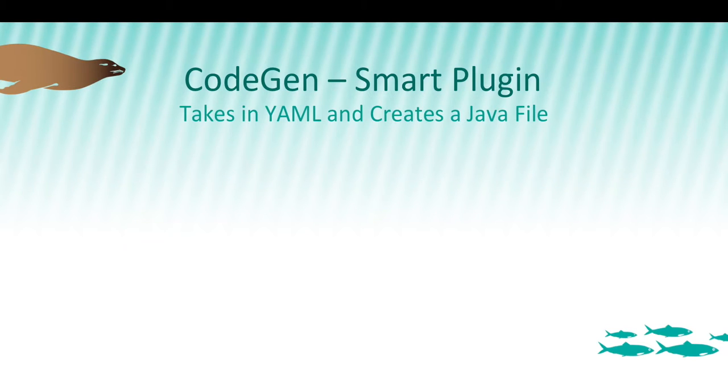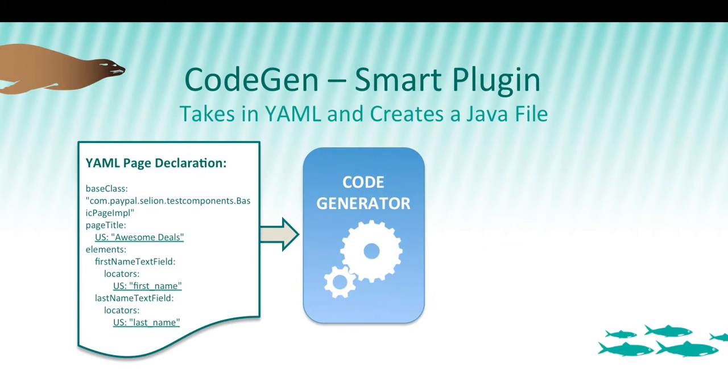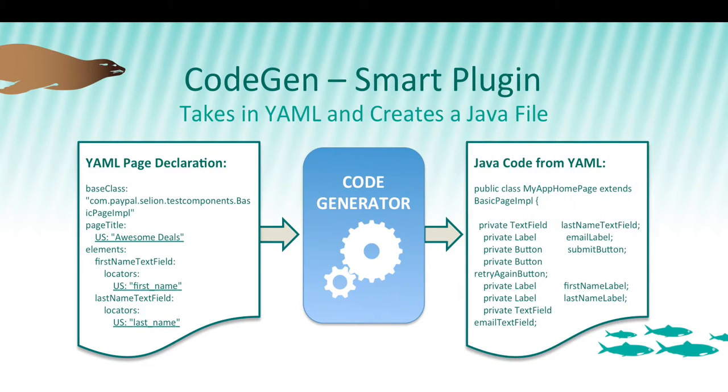Okay, so what happens now? I have the locator. Now, how do I refer to this locator inside my test script? So you have a YAML page declaration. You just give this YAML page declaration to the code generator. The code generator reads the YAML file, parses it against a rule set, and generates a Java file.